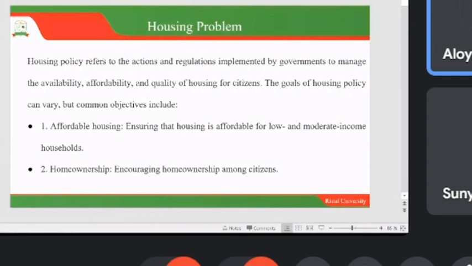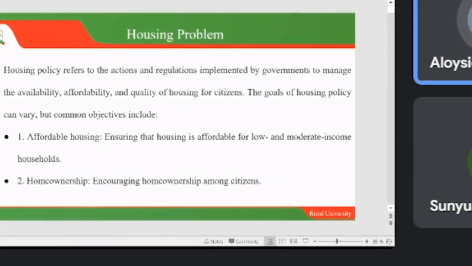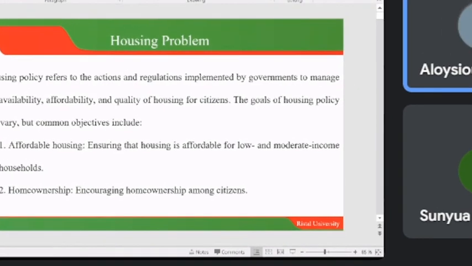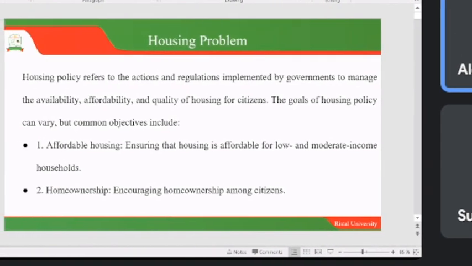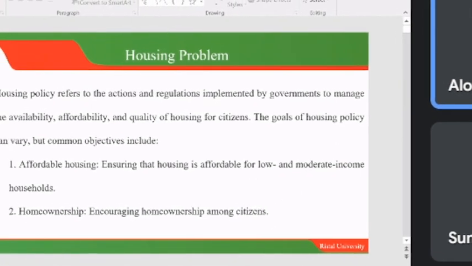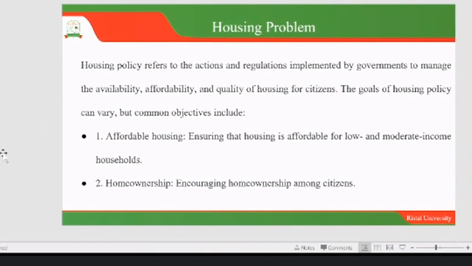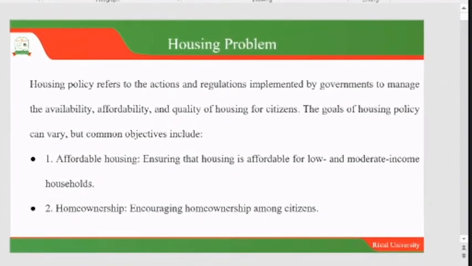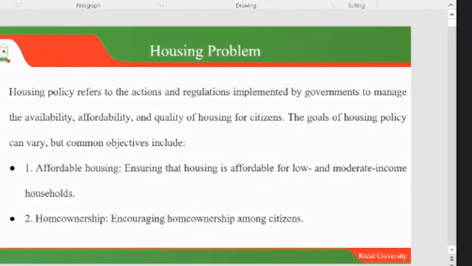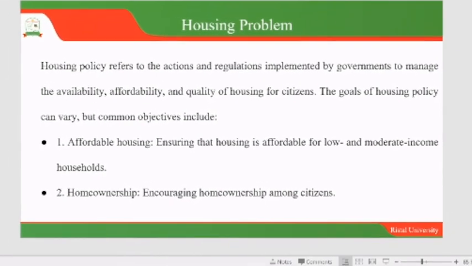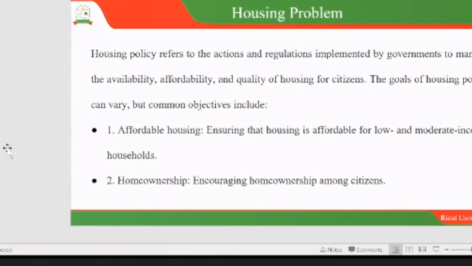However, the most common objectives or goals are that, one, the housing policy aims to achieve affordable housing, to ensure that housing is affordable for low and moderate income households. Secondly, the objective is home ownership.